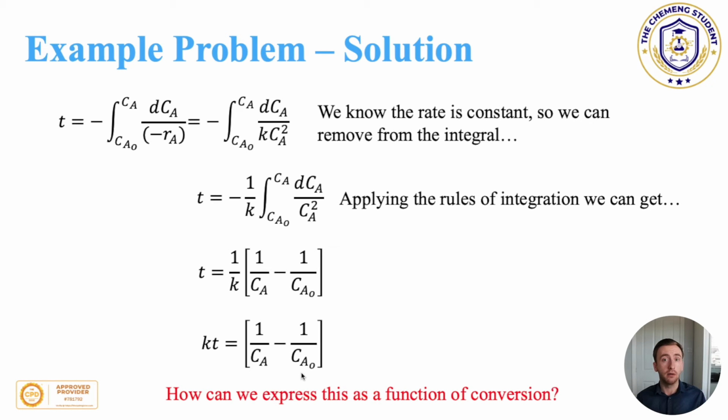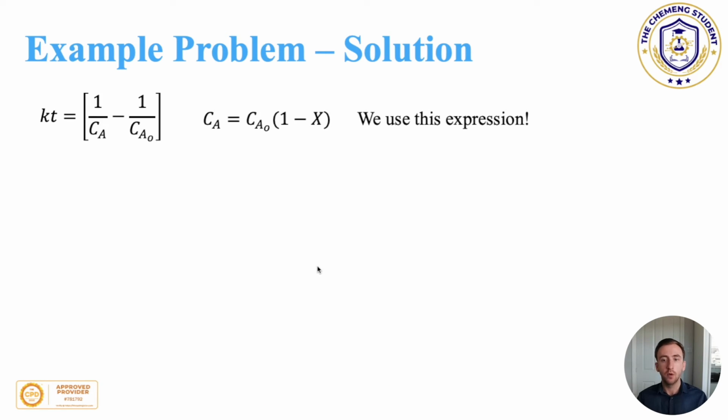And then the question becomes, how do we express this as a function of conversion? Because right now, this is solved as a function of concentration, where we use the expression of Ca equals Ca naught 1 minus x. And with a lot of my students that I teach here in Scotland, I usually call this the Callum equation, because this is one that I really say is the fundamental key to solving reactor design questions.